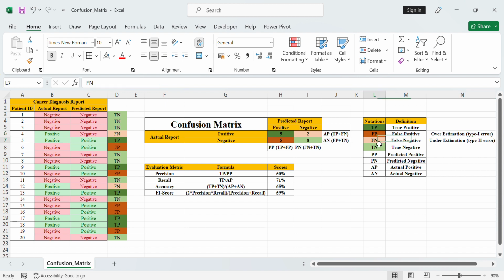But FN means falsely predicted as negative. Here the machine has predicted negative, but actually it is positive. Now imagine someone actually has cancer, but the machine has given him a report as negative.